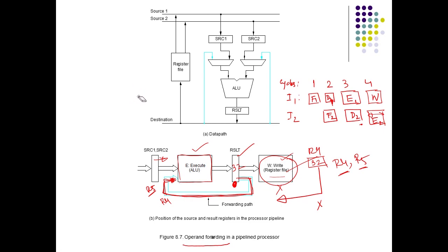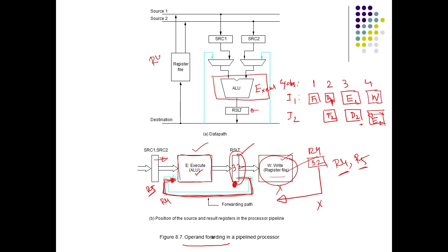Okay, so what is there? We have the ALU, which you can say is the execution unit. It is written ALU. And the results is somewhere here. After the write unit, where will this result be stored? In the register file.